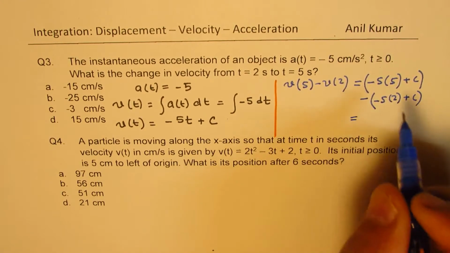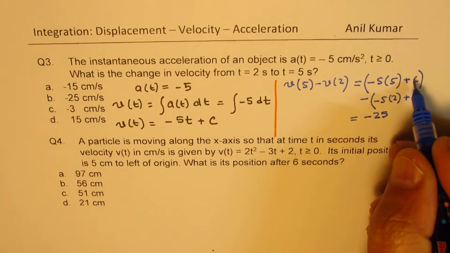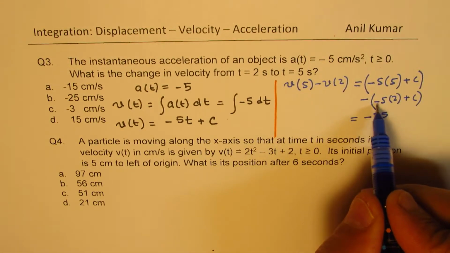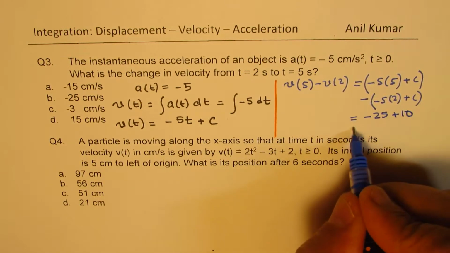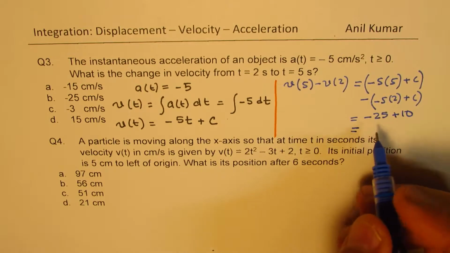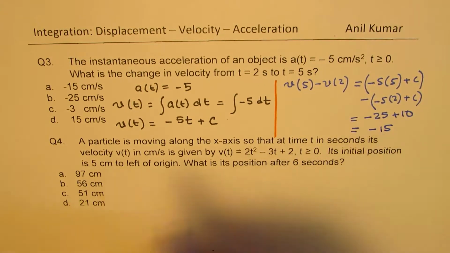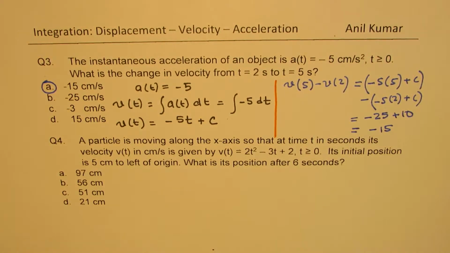So when you calculate this, minus 5 times 5 is minus 25, c and c cancel, and this minus and minus becomes plus 10. So the change is minus 15, right? So that is the change. So option A is the right option, correct? That is how we are going to find the answer.